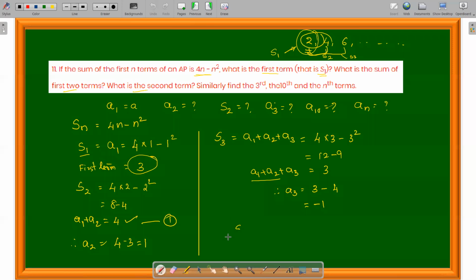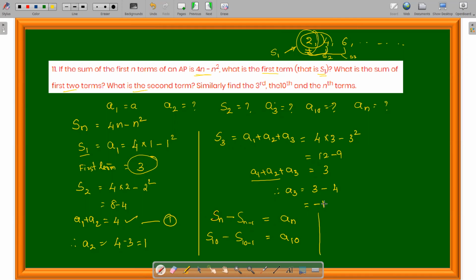Okay, so what can we write here? Simply Sn minus Sn minus 1, that you will get an. Okay, here which one do we need? 10th term. So S10 minus S10 minus 1, that means 9 there. So you will get A10.